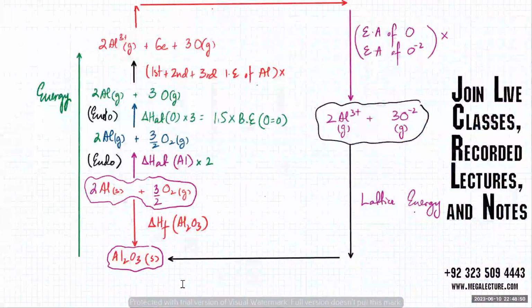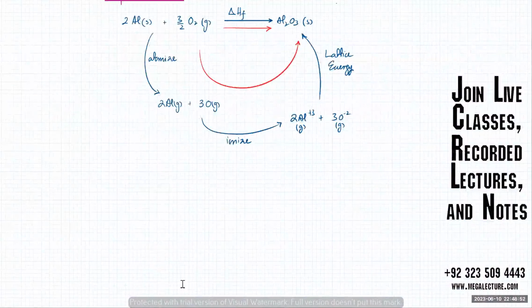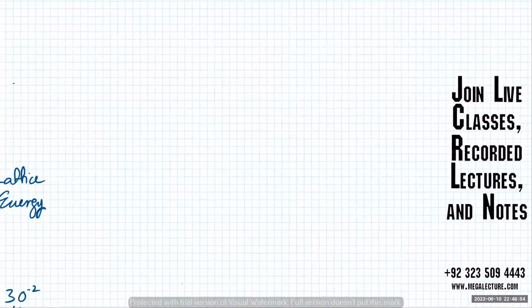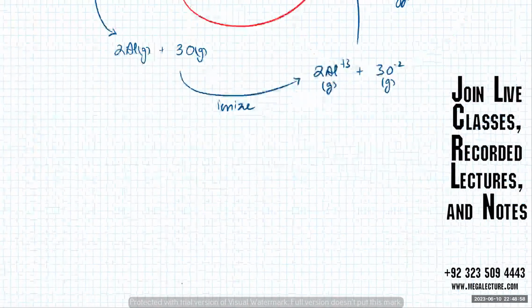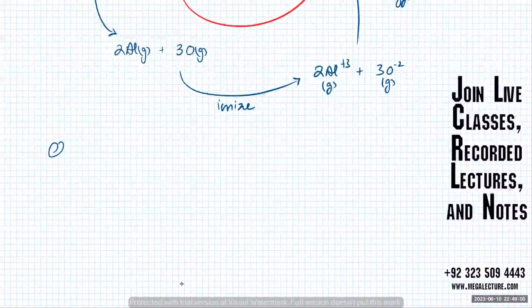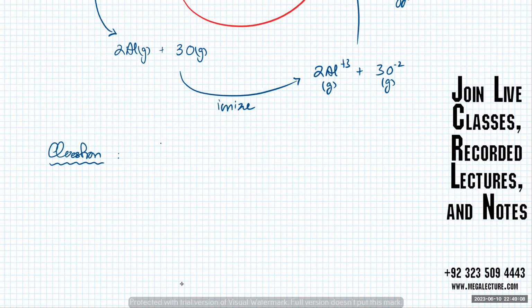So the question is: just draw the Born-Haber cycle.